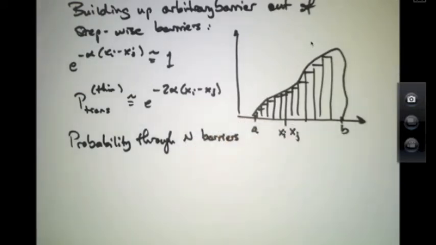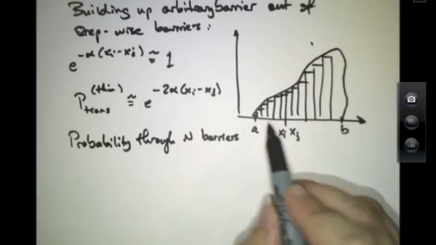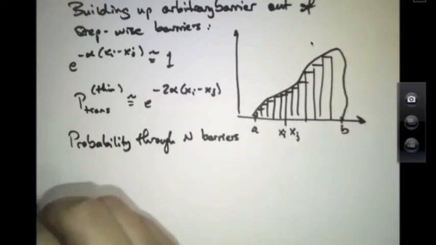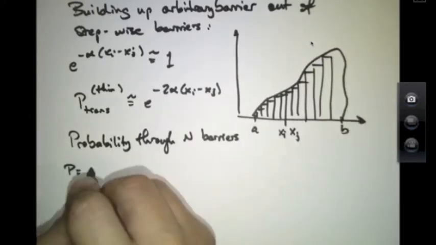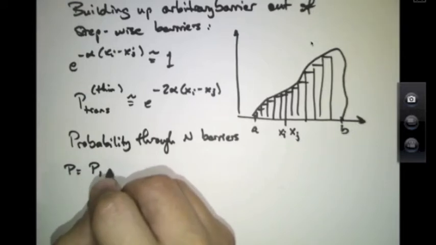Well, that works only for a thin barrier, and we're planning on going through a lot of barriers. So it's the probability of transmitting through n of these very thin barriers. That will equal the product of probabilities.